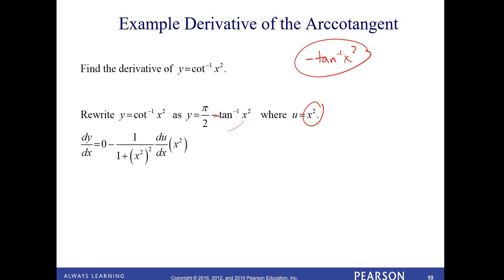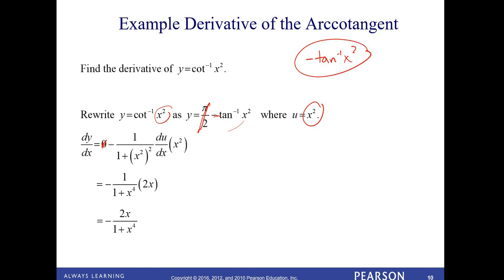So dy dx, as I said, that goes away, so we just end up with negative 1 over 1 plus this squared. That's my basic cotangent derivative. And then du dx of x squared, which will give me my 2x. And that's it.